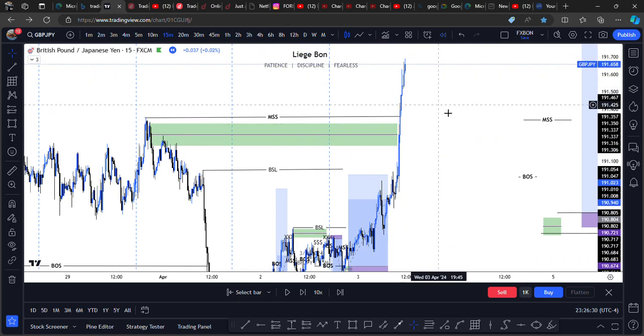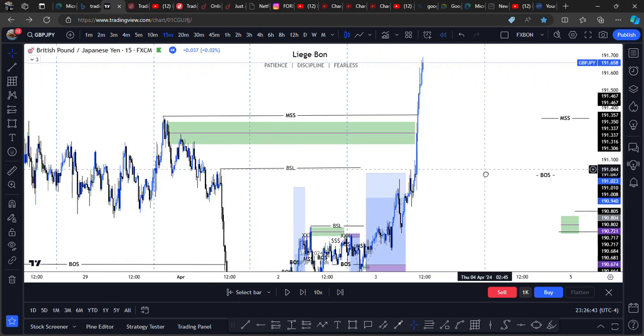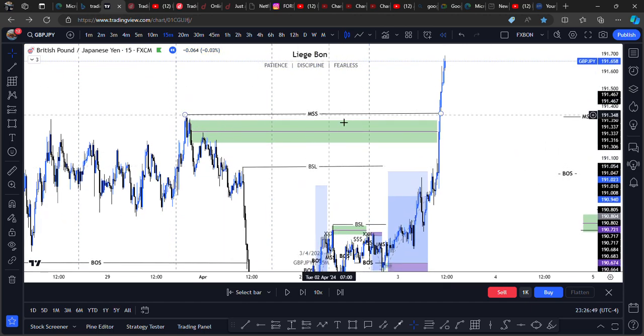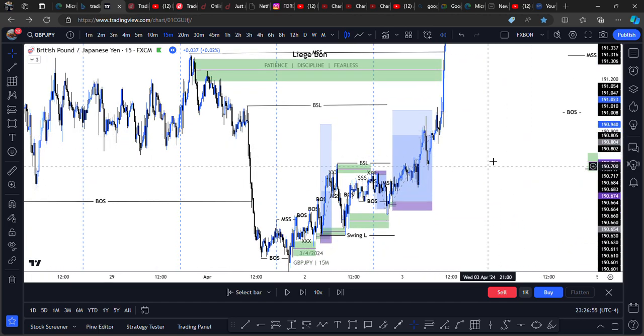Right now, we need to wait for a pullback and buy. You see that this is how we trade. This is how we follow the market sequence, guys. And if you wait for a pullback, you'll see how I got other opportunities later in the future. Like you can see here, I got another opportunity to buy because I saw that we had a shift here. So all I did was wait for a pullback and repeat the whole process again.